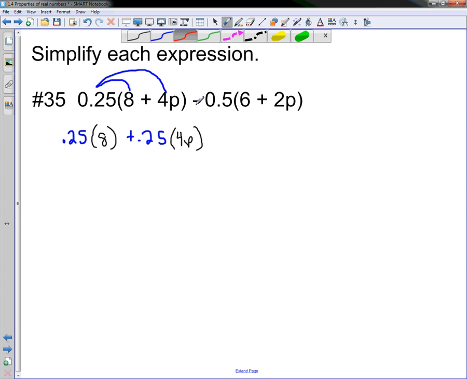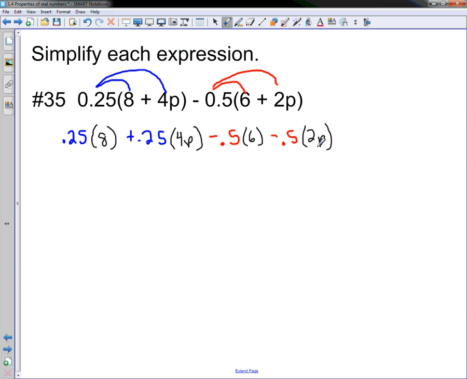We're going to take the negative 0.5, distribute that in. So I have negative 0.5 times the 6 and negative 0.5 times the 2p. So now we're multiplying some decimals.